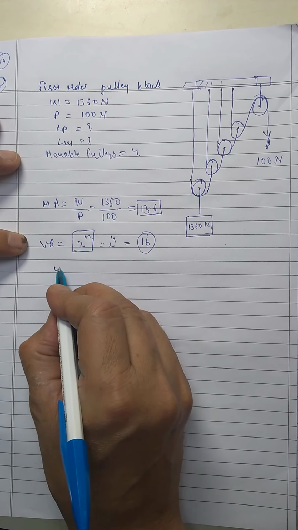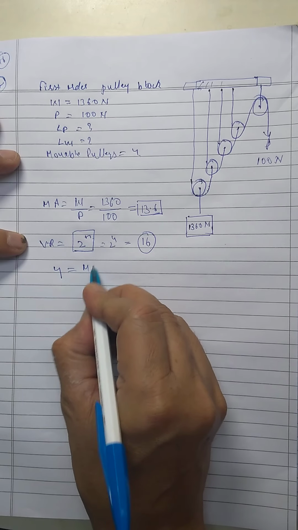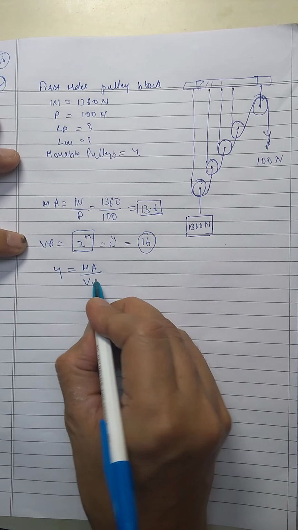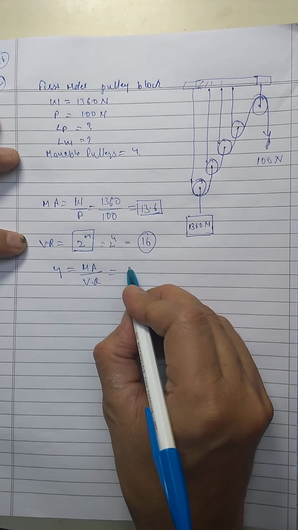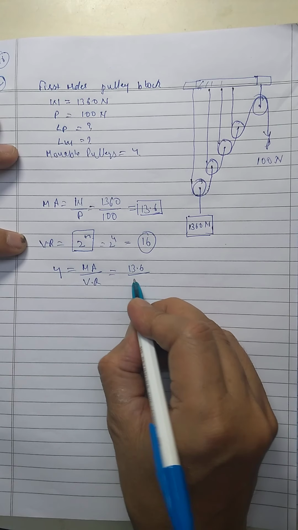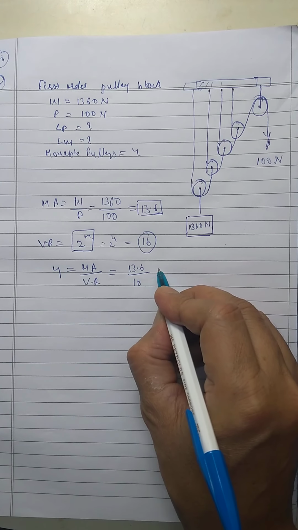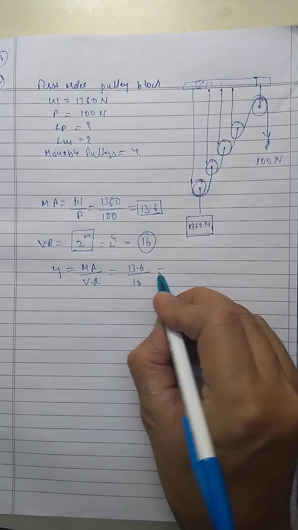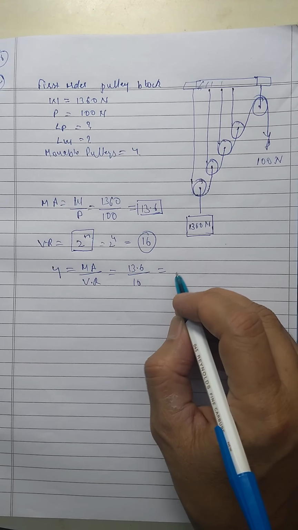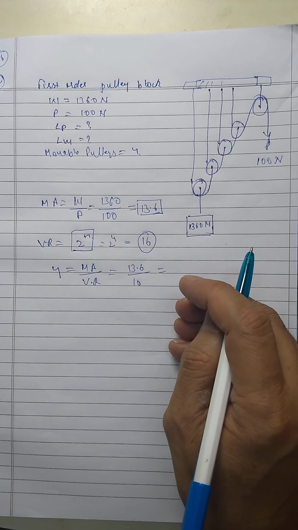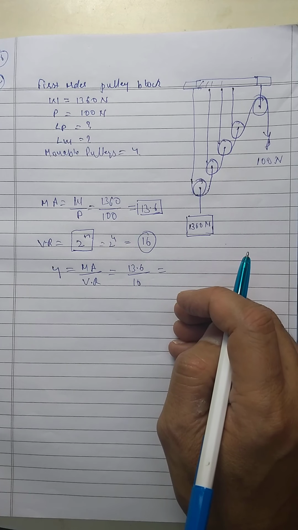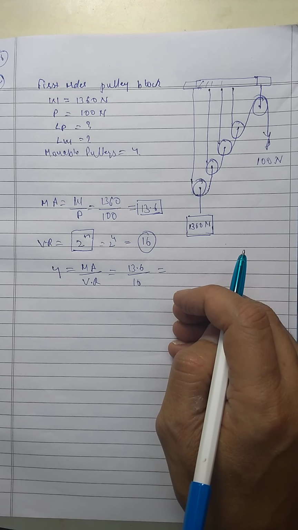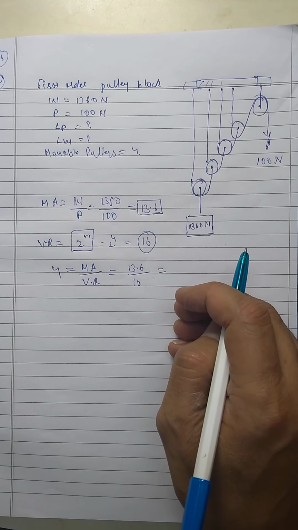Now comes to efficiency. Efficiency is mechanical advantage upon velocity ratio, which is 13.6 divided by 16, which will be equal to efficiency, not calculated, but you can calculate this.